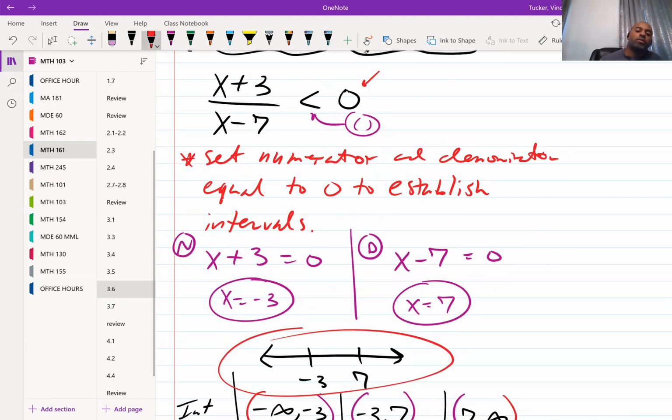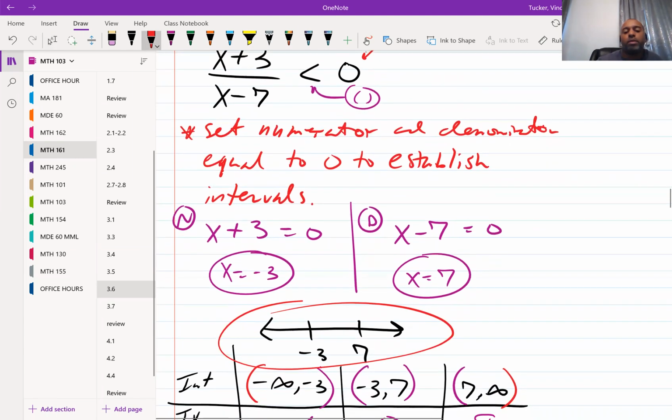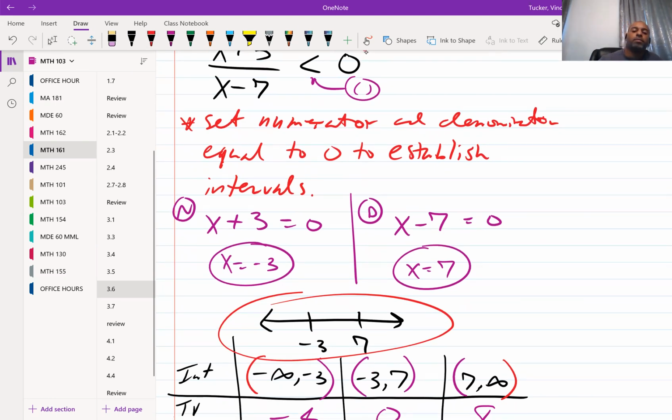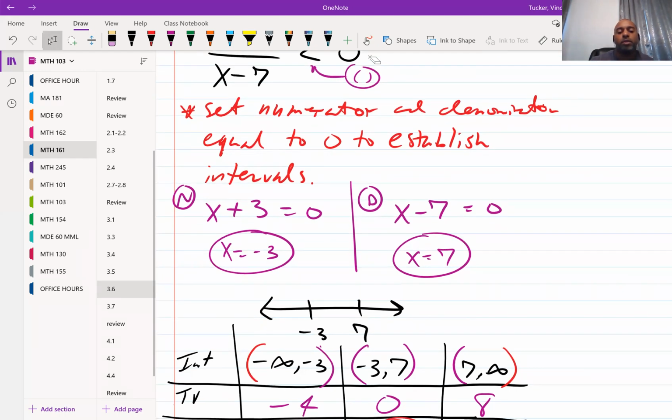So right here helps us set up our interval. We have a less than symbol, so we use parentheses for all. So we got negative infinity to -3, -3 to 7, 7 to infinity, and we use parentheses on each.